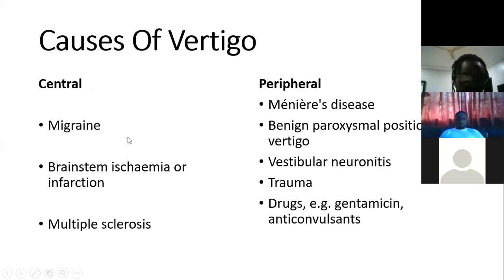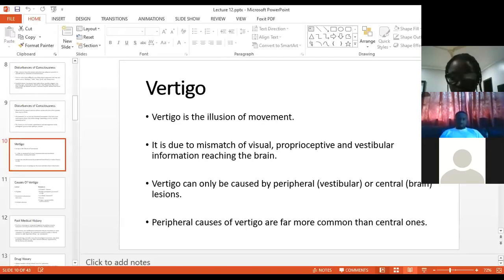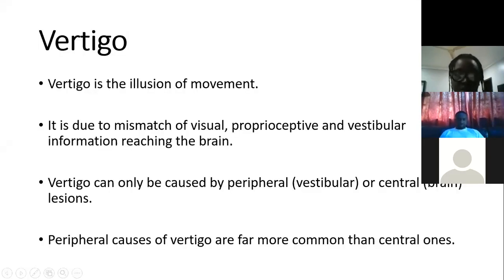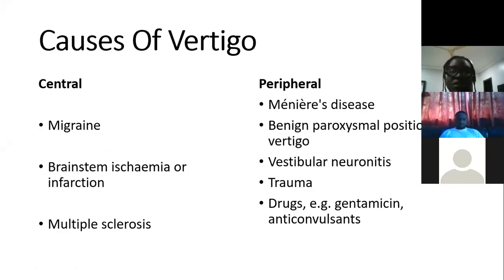When somebody complains of vertigo, you want to find out if there's imbalance or if it is due to a central cause, something that's going on in the brain. And for the central causes, migraine, brainstem ischemia, multiple sclerosis. If it is peripheral, that means it is limited to the ear. So even medications like gentamicin, which are ototoxic, can cause vertigo.